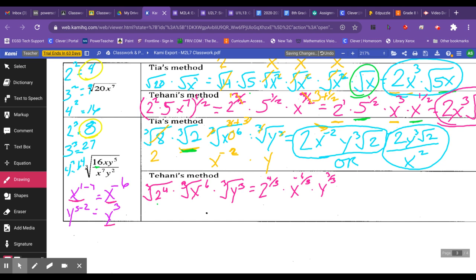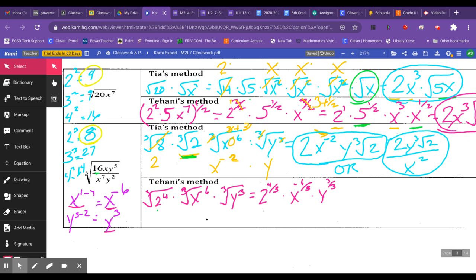So also notice when I'm doing this, all of my denominators are the same. That should help you know that, oh, I must have done this right. I put the right ones in there. Because if all of my denominators are the same, then I'm still keeping it with the third root.